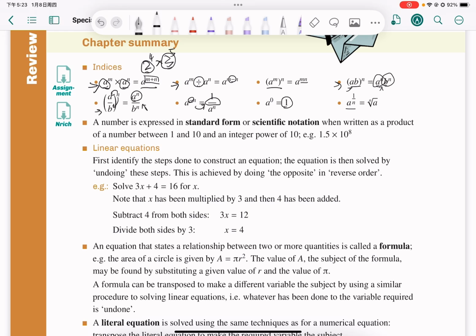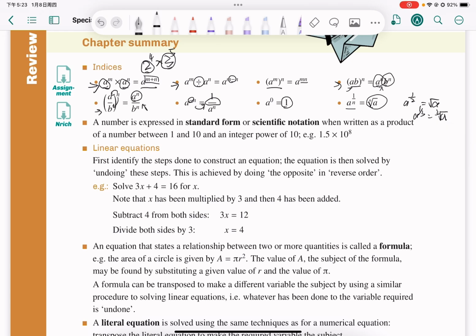And then this one, a to the power of 1 on n, that becomes the root. So for example, if we have this, then that is equal to root a. If it's like this, then we write 3 over here and then a.